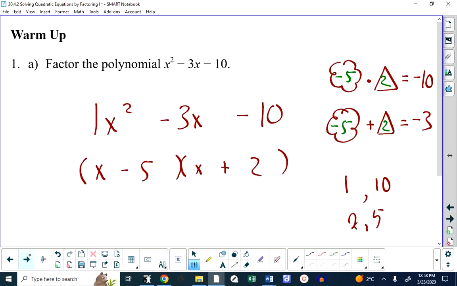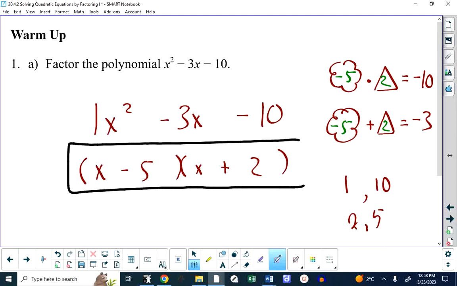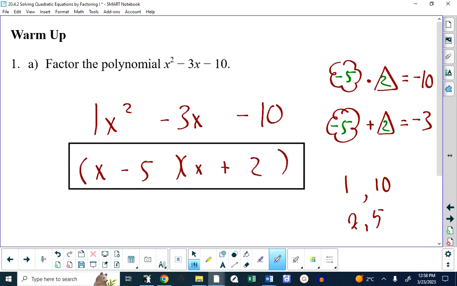And even though this is math 10 right now, I want us to FOIL that out to understand why this works. When you FOIL this out, this is our answer. Okay, we're done. But when you FOIL this out, you go first, outer, inner, last. Your first will be x times x, which is x squared. Well, that's what we want.